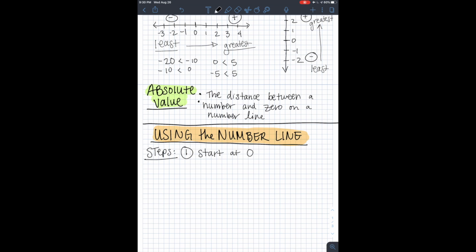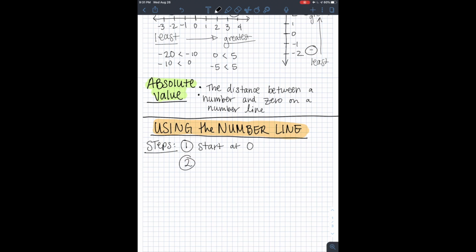Step number 2. Positive numbers. If we've got a positive number that we're counting on a number line, positive numbers go to the right because we're going to be using horizontal number lines.